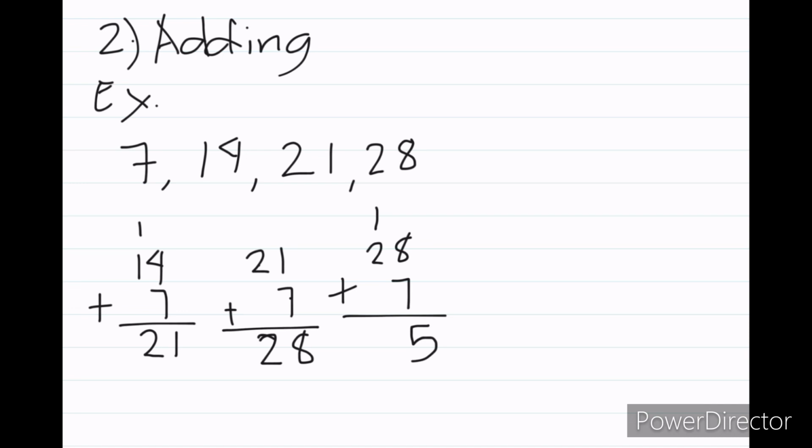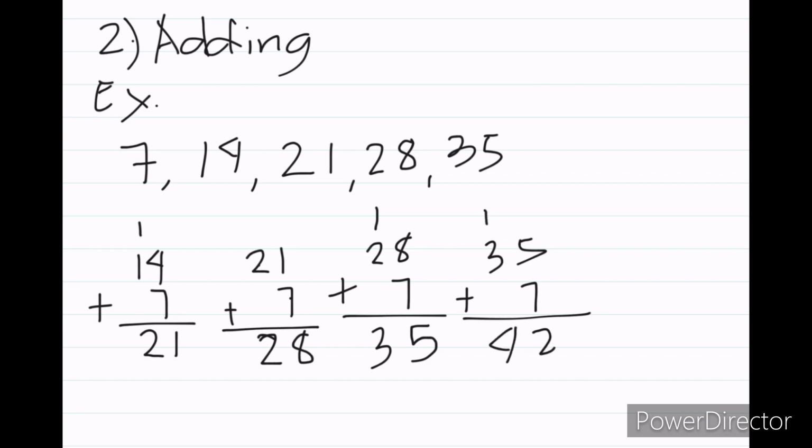Carry 1, so 2 plus 1 is 3. We have 35. Next, from 35, add 7 to get the next multiple. 5 plus 7 is 12. Carry 1, 3 plus 1 is 4, so 42. And so on. That is how to get the multiples of 7 through adding.